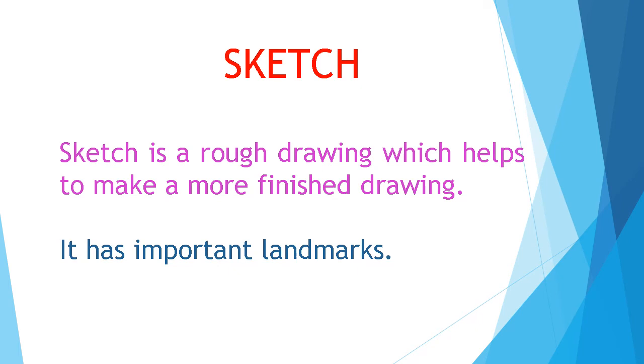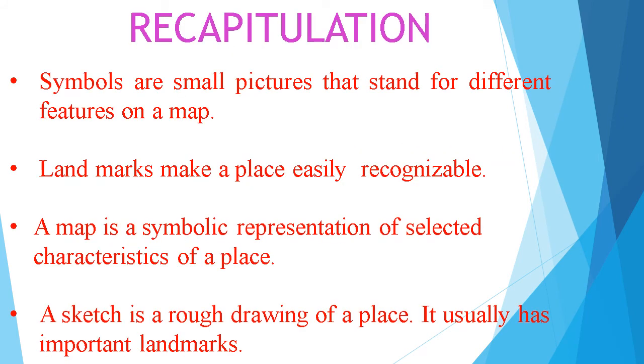Students, a sketch is a rough drawing which helps to make a more finished drawing. It has important landmarks. Let us recapitulate what we have studied in this part. Symbols are small pictures that stand for different features on a map.